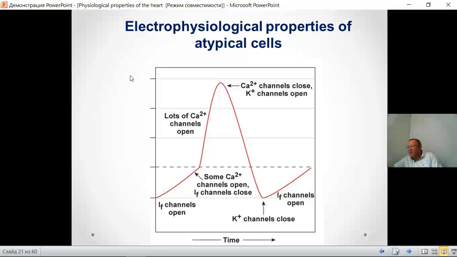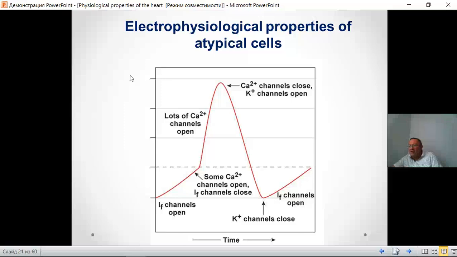The SA node exhibits automaticity, that is, it can spontaneously generate action potentials without neural input. It has an unstable resting membrane potential, in contrast to cells in the ventricles. It has no sustained plateau.